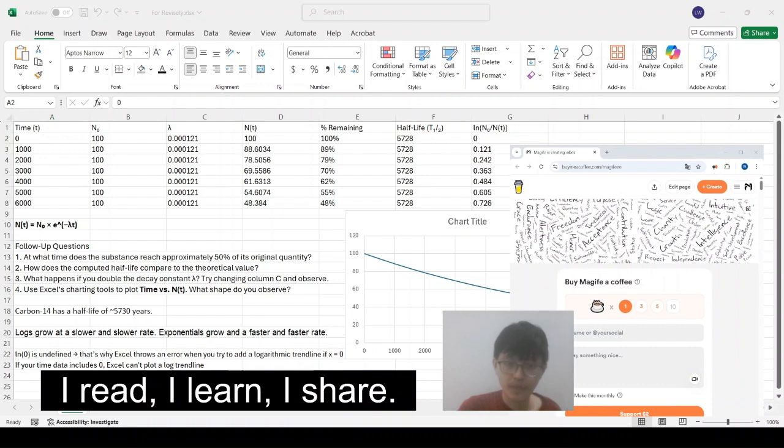Because ln zero is undefined, and when we want to add the logarithm trend line, a logarithm trend line model only works if x values are all positive and non-zero.